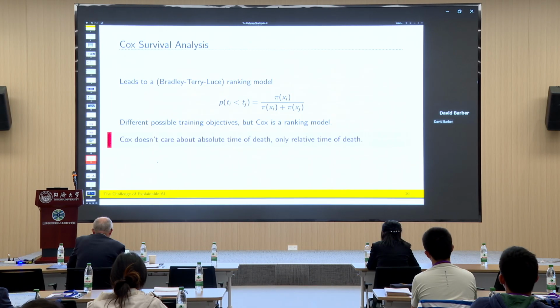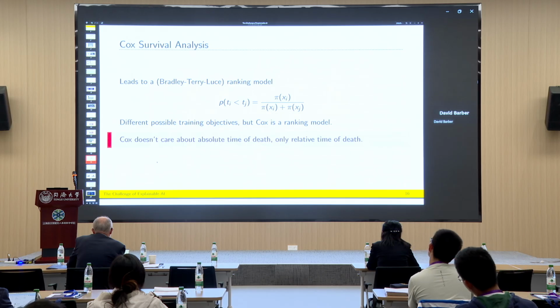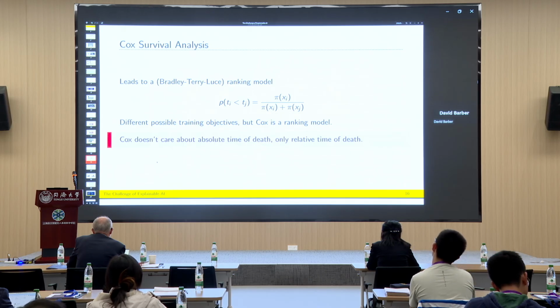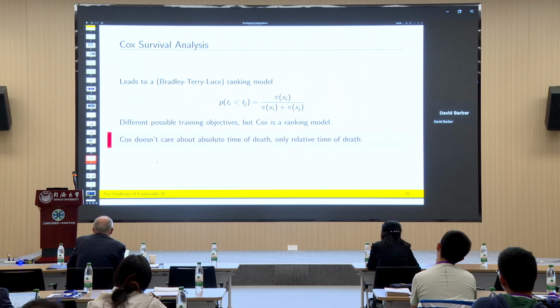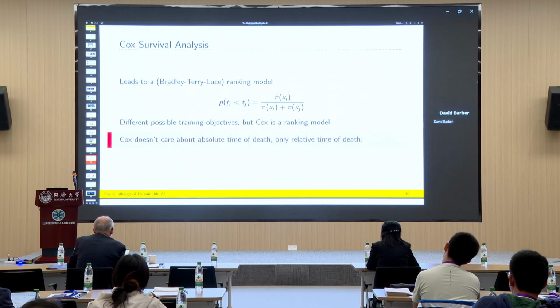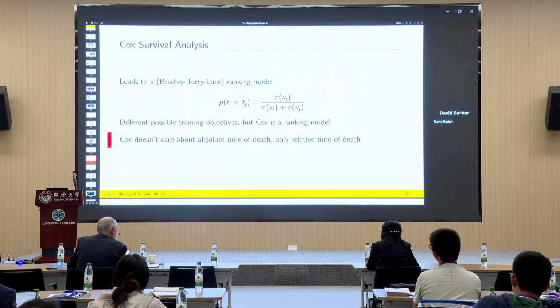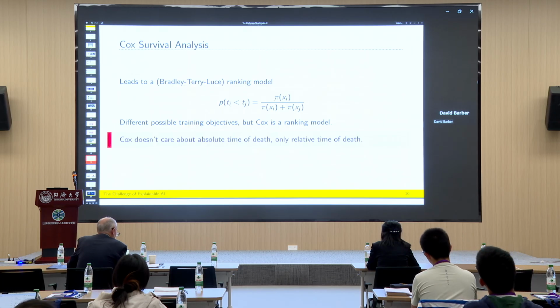The standard approach to doing this is to use a Cox model, which is a survival analysis tool. This is equivalent to a kind of ranking model. The time of death of patient i is ranked against patient j, that patient i would die before patient j, according to some probability distribution, which is given by the formula. Here pi is some network, a deep neural network.